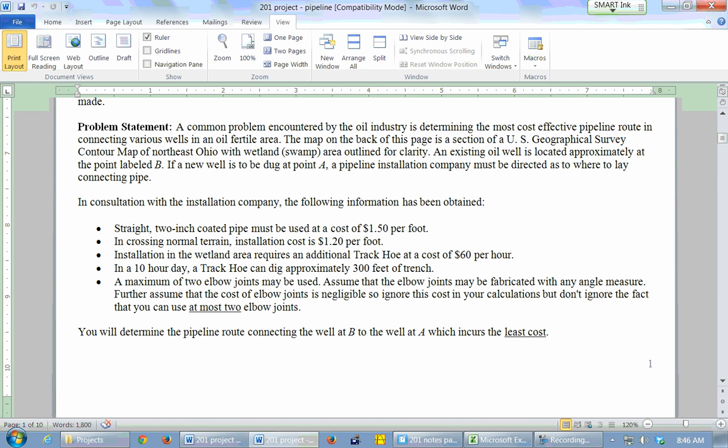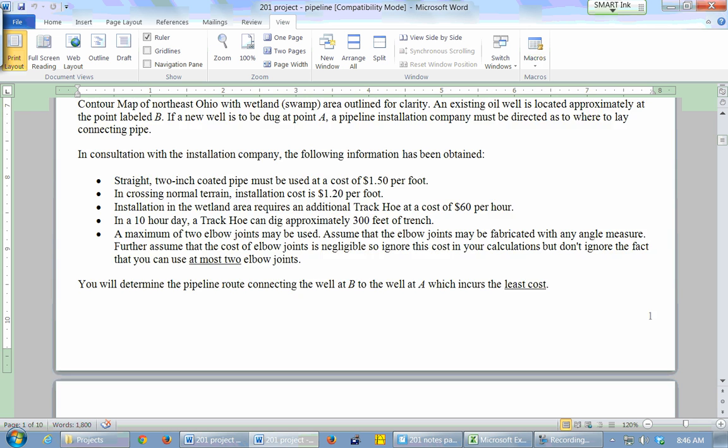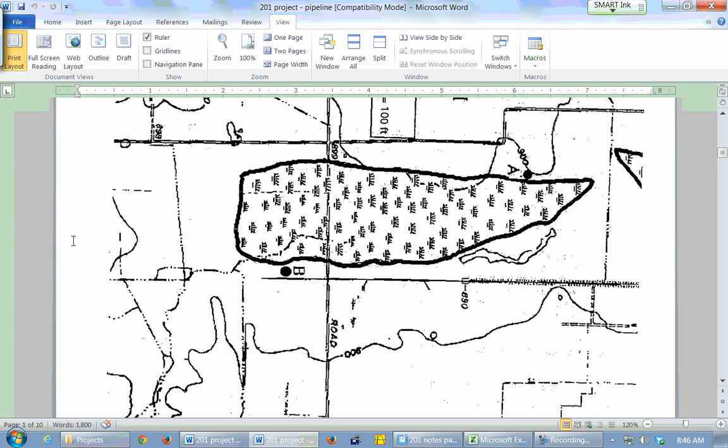So here's a well, we need to lay some pipe between them. What's the most cost-effective way to do it? So on the back of the page is a section of a U.S. geographical contour map of Northeast Ohio with some wetlands outlined for clarity.